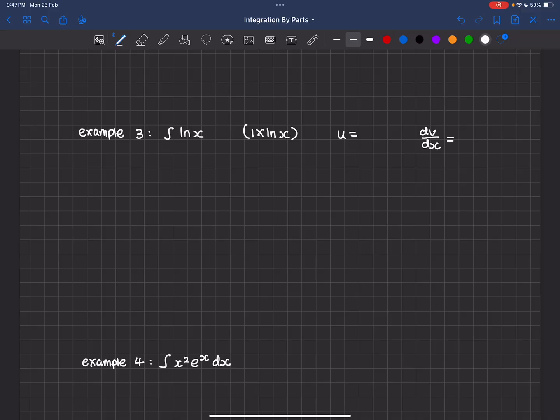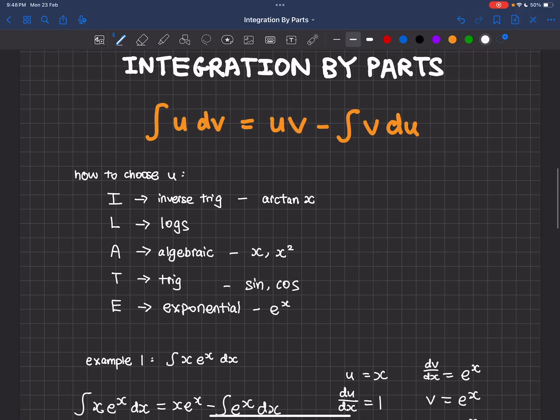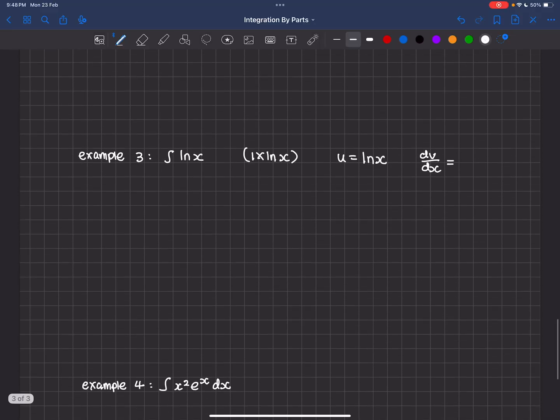This is a trick that you should remember. So in this case, u will be ln x because that's very high on the order, right? This is the second one. And dv over dx is simply 1. So du over dx is 1 over x.